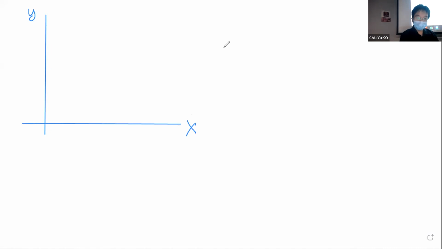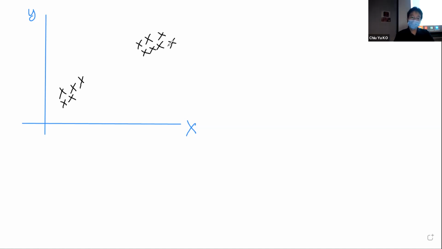Let's see the following case first, a different scenario. Suppose the data is like this. If you see this data, you expect x and y are moving together, right? So how to quantify this?